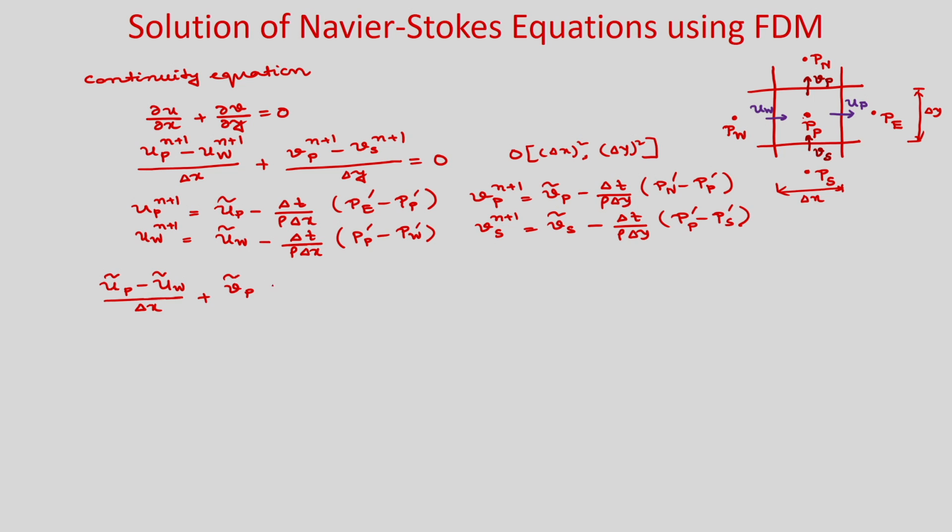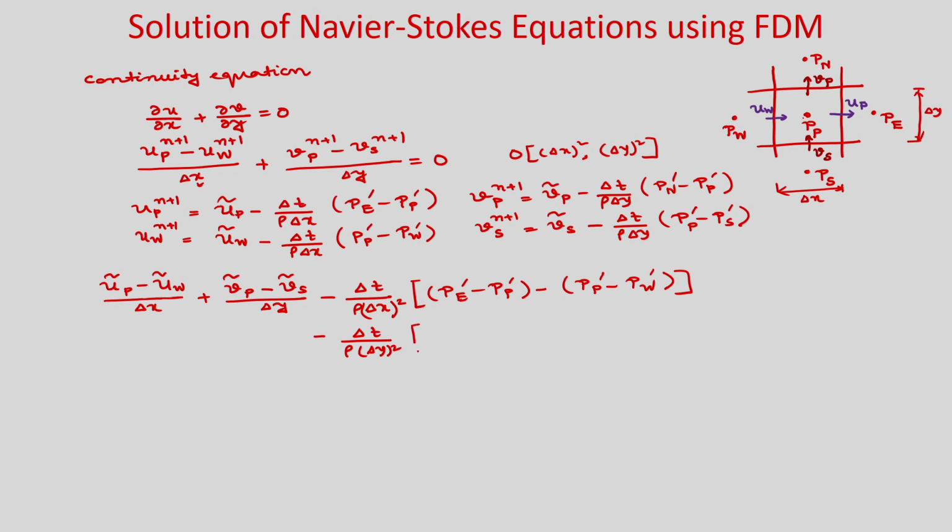You will get (v_P tilde minus v_s tilde) divided by delta y, minus delta t by rho delta x, and another delta x we are dividing, so it will be delta x square, and it will be (p_E prime minus p_P prime minus p_P prime minus p_W prime), and you will get again minus delta t by rho delta y square, and you will get (p_N prime minus p_P prime minus p_P prime minus p_S prime) equal to 0.